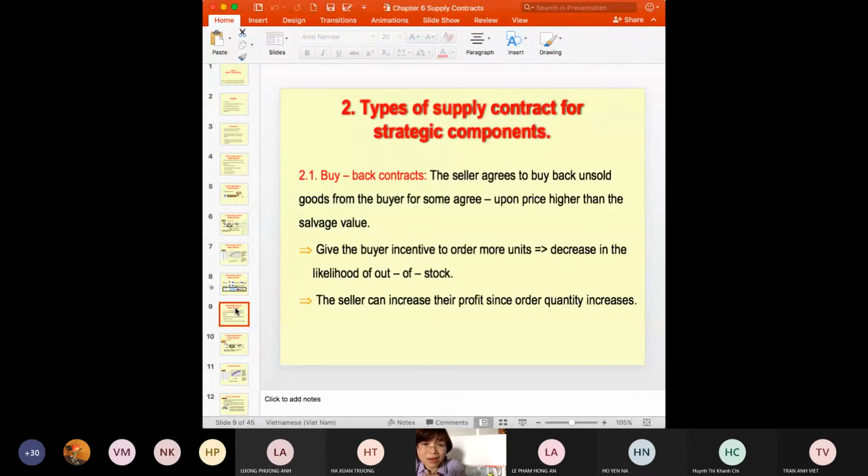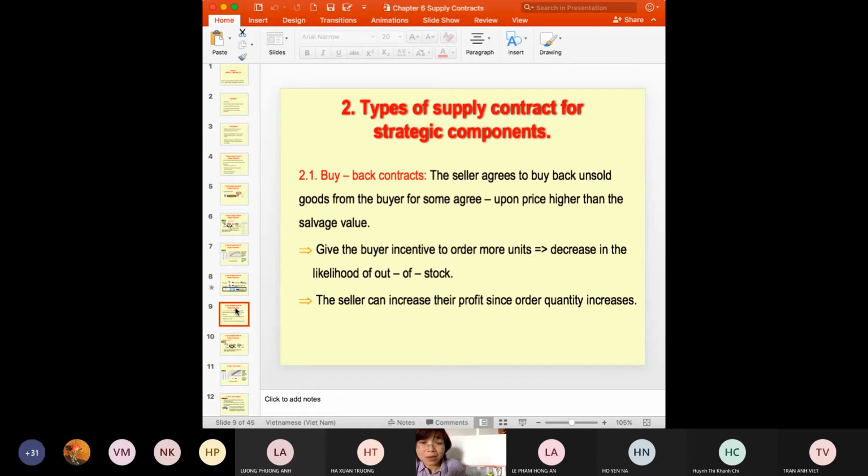So what does it mean? For example, if I order 100 products from the supplier, and when selling to customers I sell only 90, I still have 10.